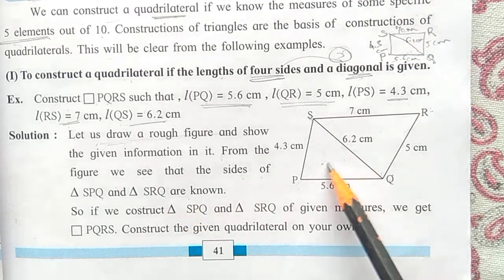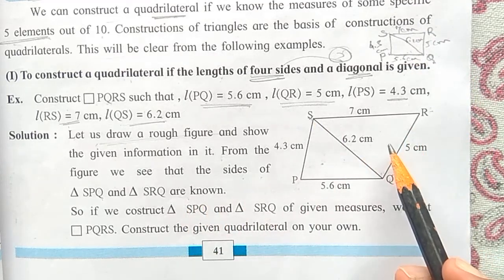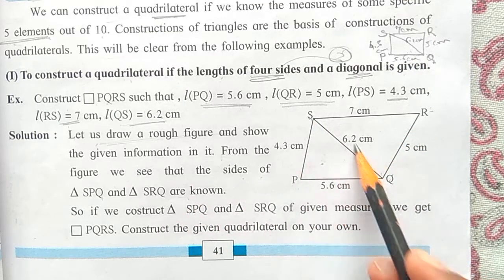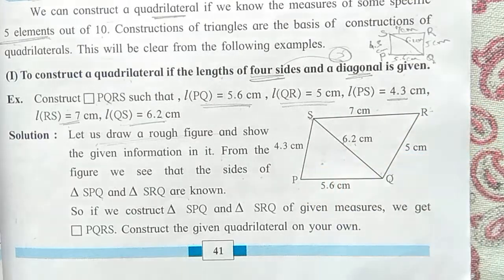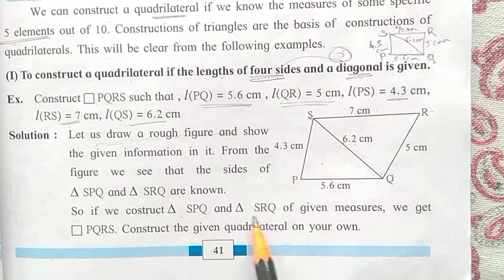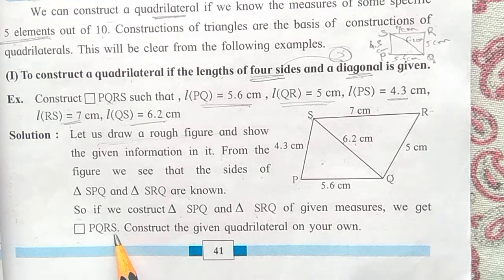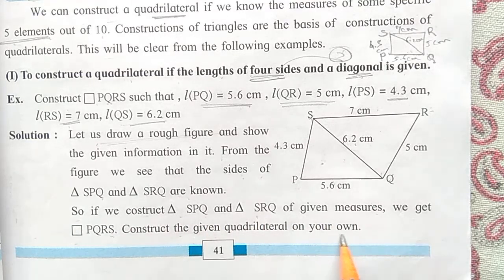Means what? It is as like as the construction of triangle whose 3 sides are given, and they are joined to each other. Okay, so if we construct triangle SPQ and triangle SRQ of given measures, we get quadrilateral PQRS. Construct the given quadrilateral on your own. We have to construct it on our own.